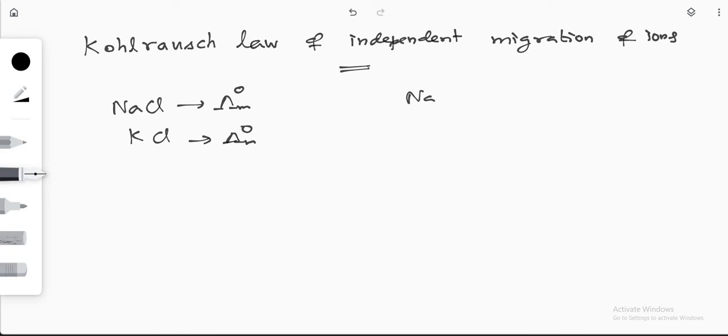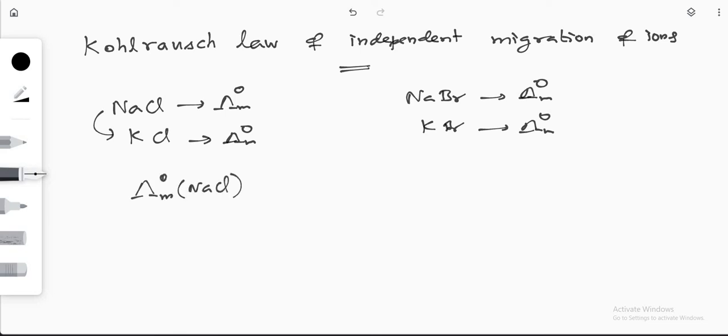Then he also measured the molar conductivities of sodium bromide and potassium bromide. Lambda m naught, he measured the values and found the difference between lambda m naught of sodium chloride minus lambda m naught of potassium chloride.